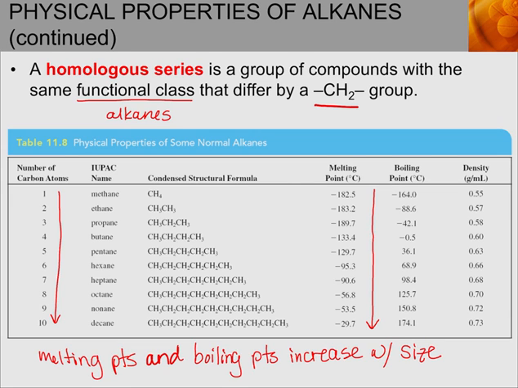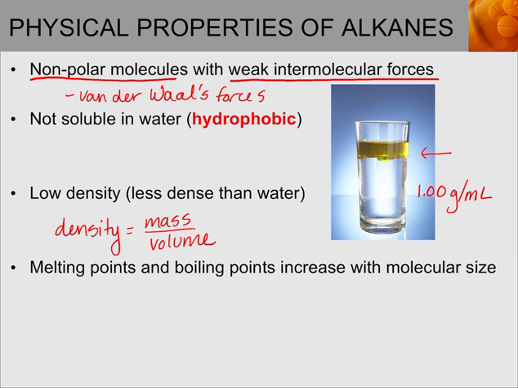This makes sense if we imagine, for instance, let me go back so I have some room. Let's imagine methane, CH4, and let's say it's next to another methane molecule.